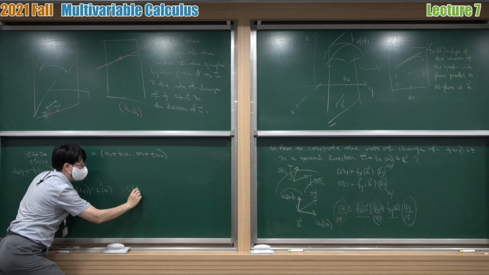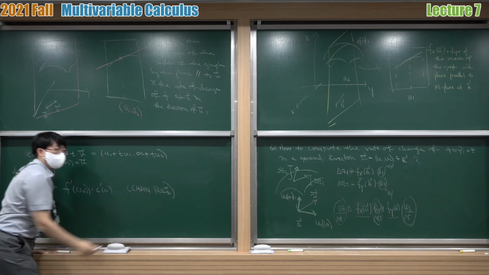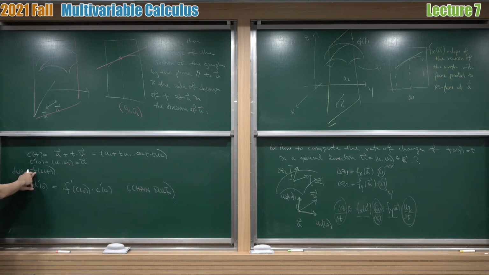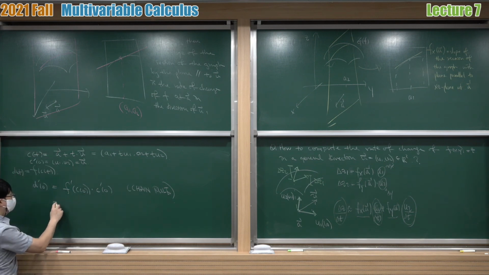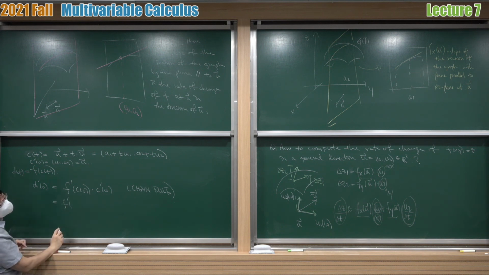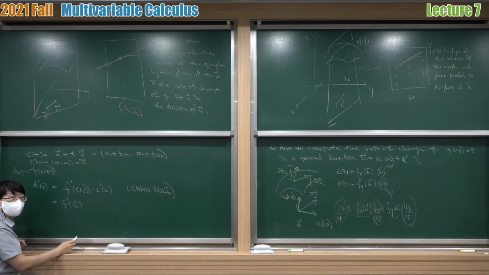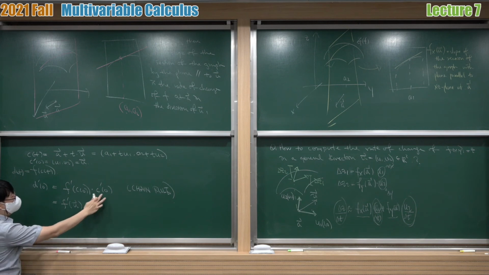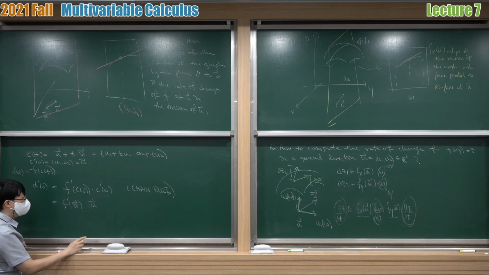This is the chain rule that we mentioned before, right? Outside function times the inside function. And then let's think about what happens here. So this is f prime of c(0). Sorry, c(0) is a, and c prime of 0 is u.